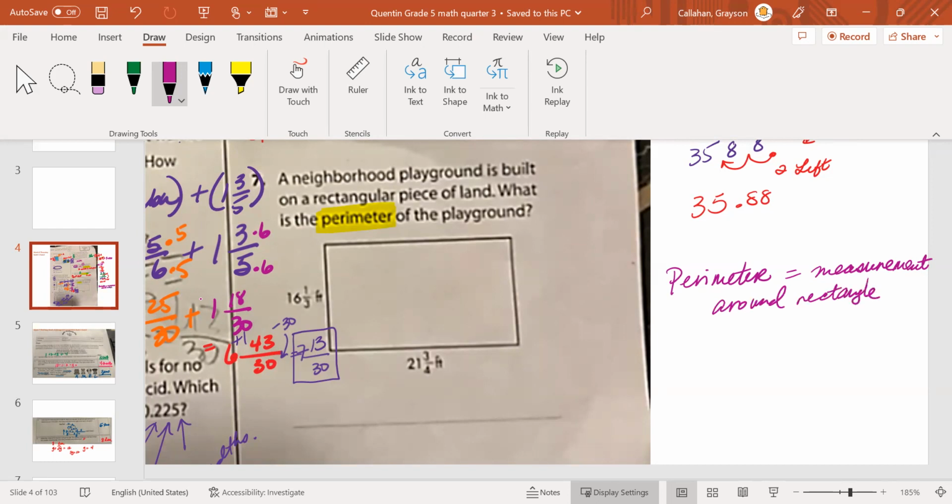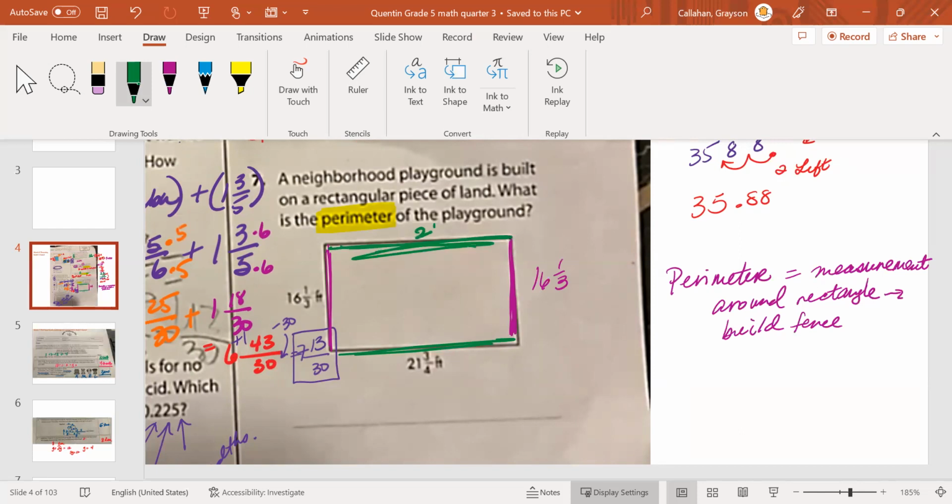So it's kind of like how much fence will he need? He's building a fence, right? So this one right here is 16 and a third. What's this one over here? Yeah, 16 and a third. Now, if this one here is 21 3/4, what about that one? Yeah. So what am I going to do with those four numbers? You add them because you're building a fence, right?